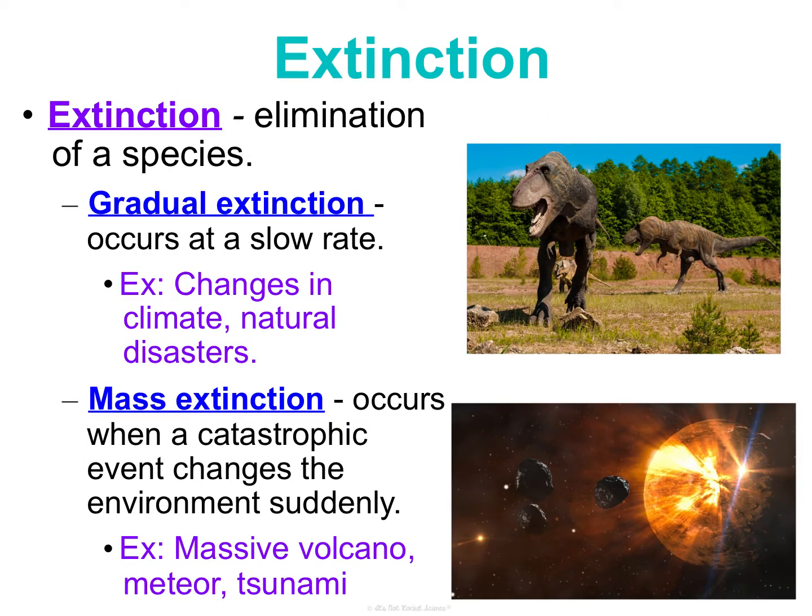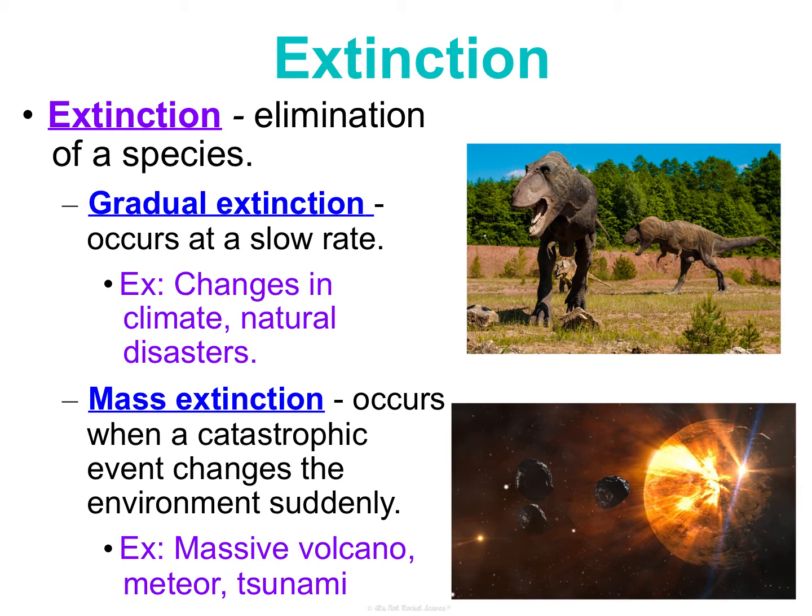Extinction is the elimination of a species. Gradual extinction occurs at a very, very slow rate. We see this a lot when a natural disaster happens, or we hear about it in the news all the time, climate change. A mass extinction is when a catastrophic celestial event usually happens, and the event takes on the environment so suddenly that life cannot respond or adapt to the new change in their environment.